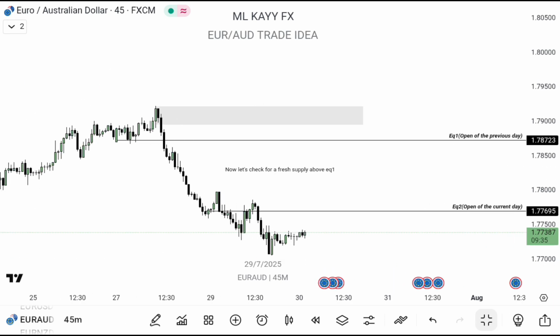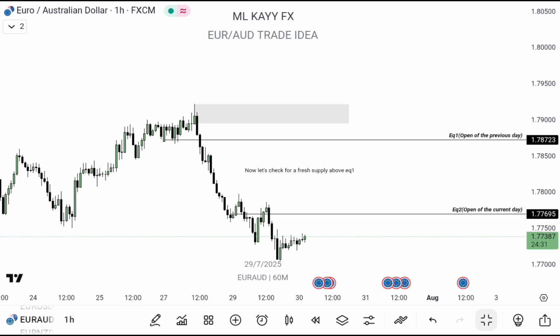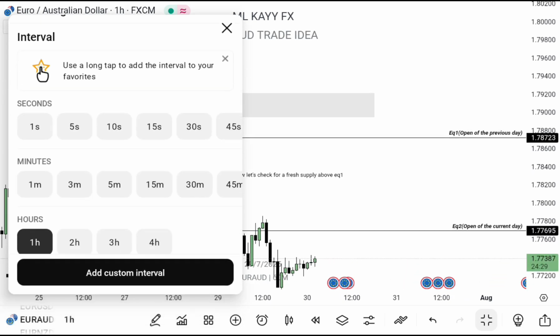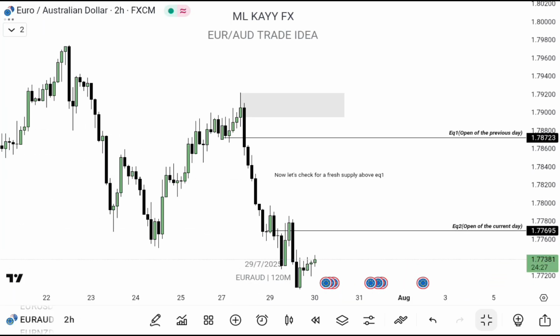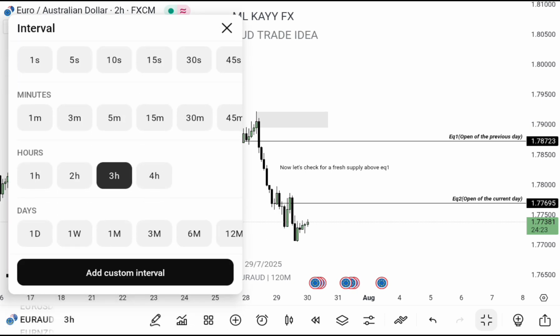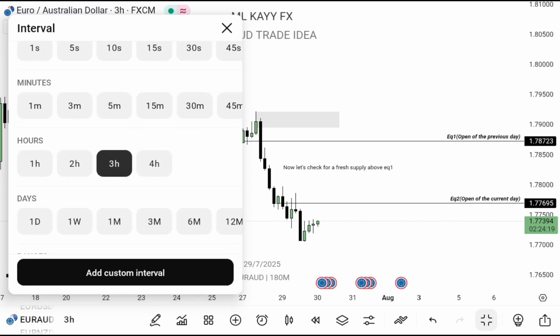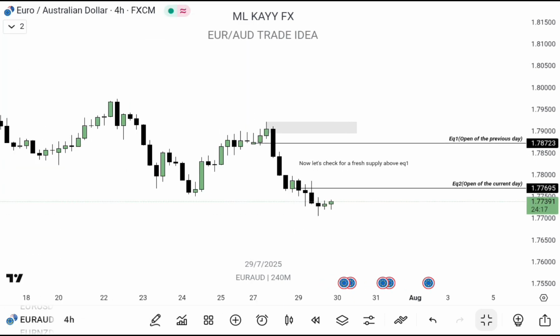Going to the 45-minute time frame, same story. Going to the 1 hour time frame, fresh supply, price has never tested it. To the 2 hour, the 3 hour, and the 4 hour. Yes, that's where we actually found our zone, right?